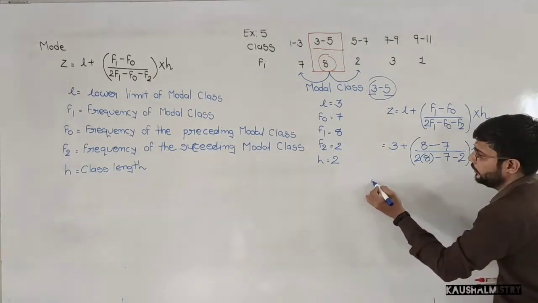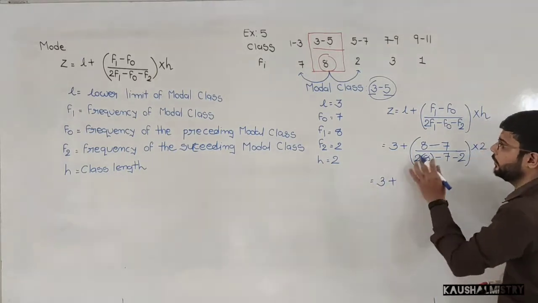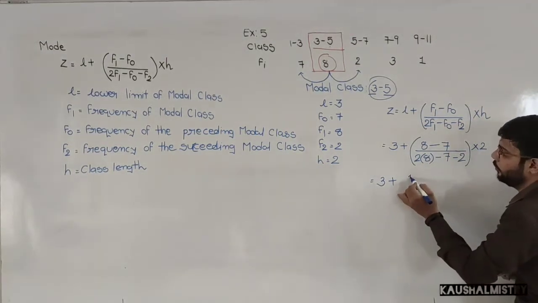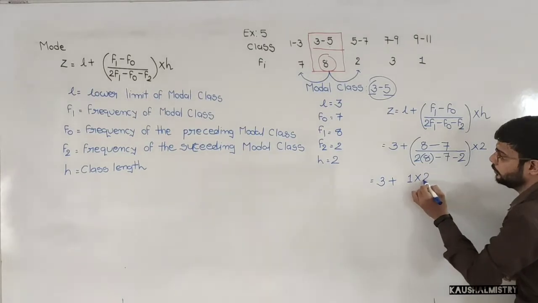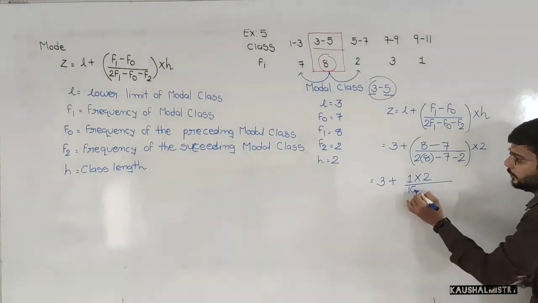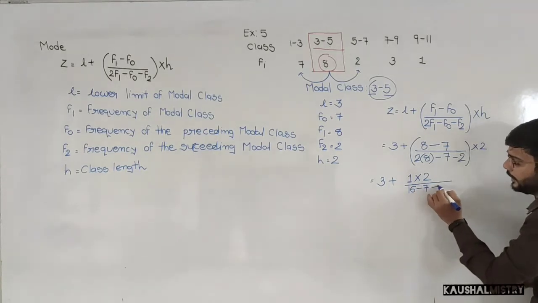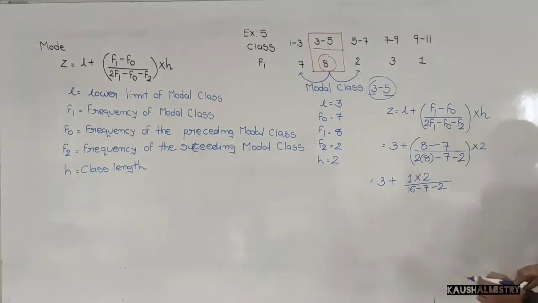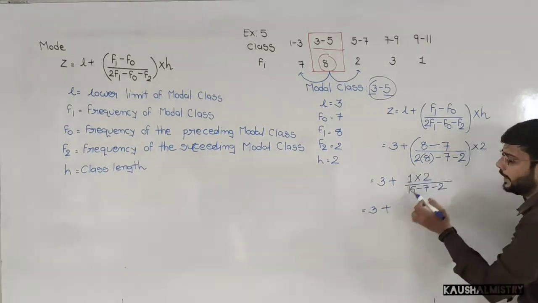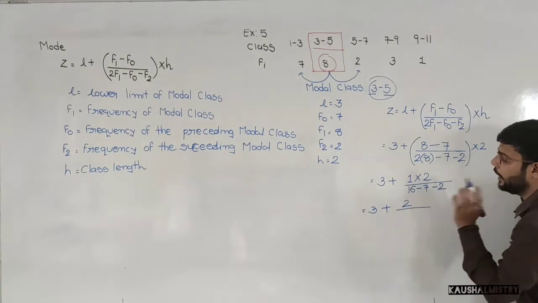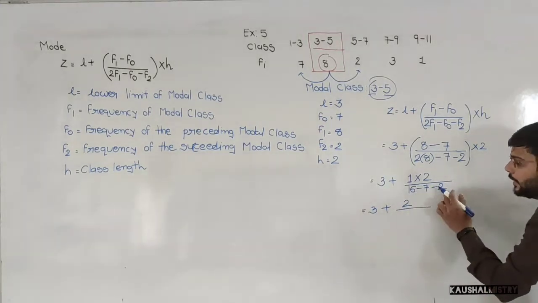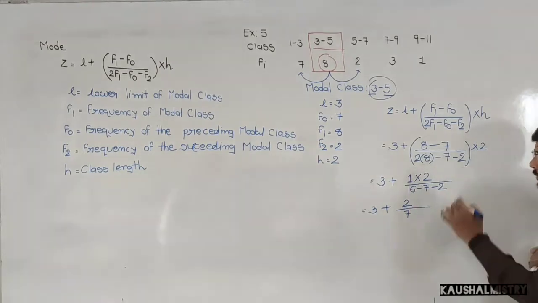Now this will be equal to 3 plus 8 minus 7 is equal to 1. So 1 multiplied by 2 upon 16 minus 7 minus 2. So 3 plus 1 multiplied by 2 is equal to 2. Now 16 minus 7 is equal to 9, and 9 minus 2 is equal to 7.